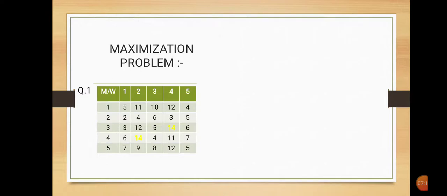Consider the maximum value from the maximization matrix, deduct all the other elements from this maximum value, and rewrite the new value at the corresponding location. This new matrix is called the loss matrix, and proceed as a minimization problem for profit, sales and production.